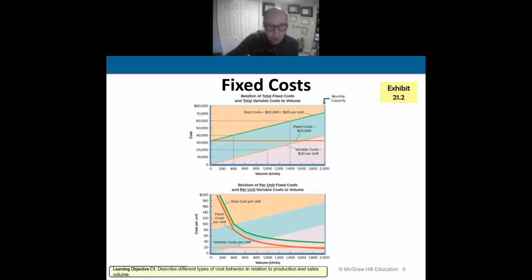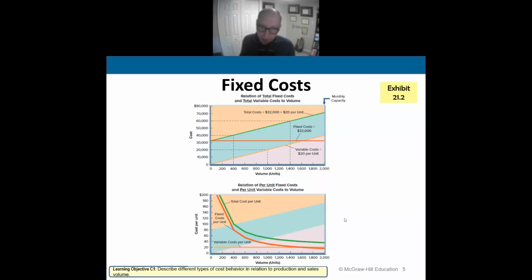Fixed cost per unit is total fixed cost divided by the number of units produced. That is why we see our fixed cost per unit decreasing with the additional units being produced.